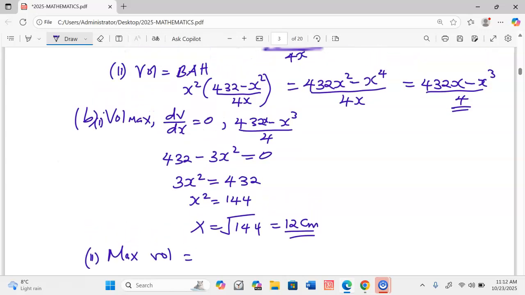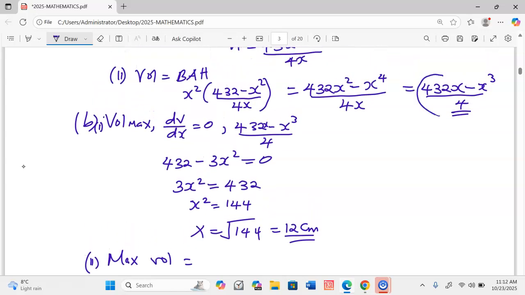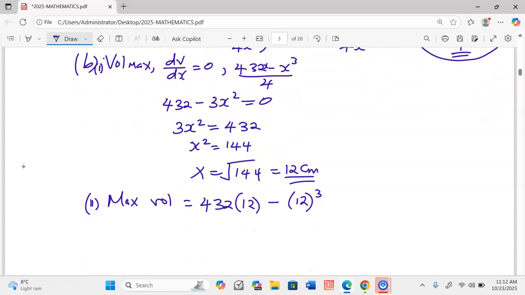The volume we have is 432x, remember the value of x is 12, minus the value of x, which is 12, but this one is cubed. Then we divide this by 4.